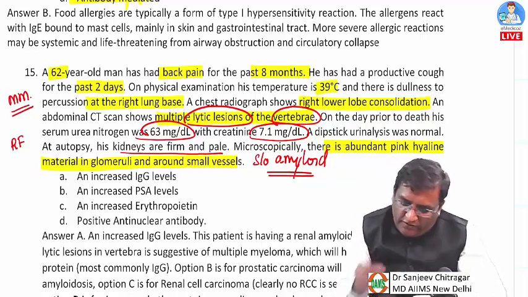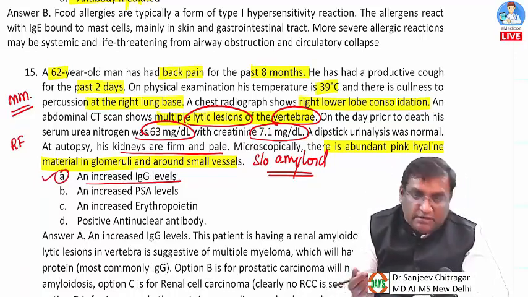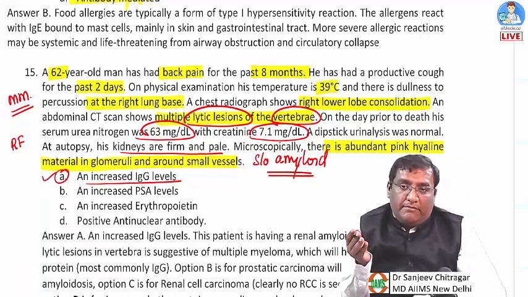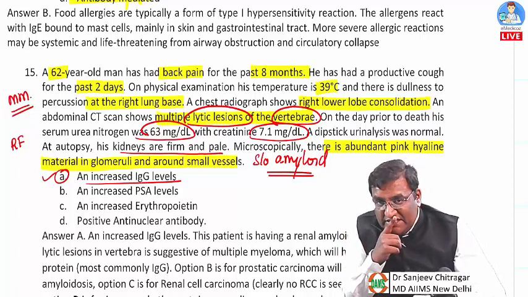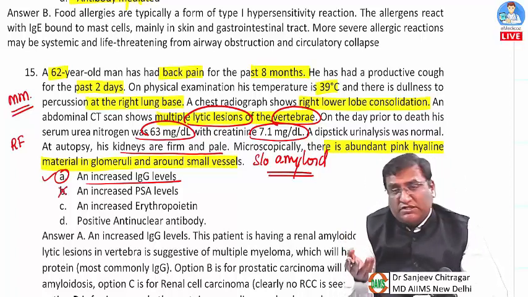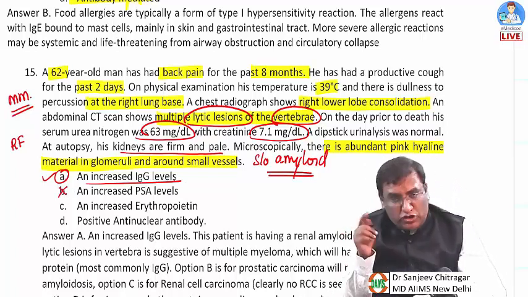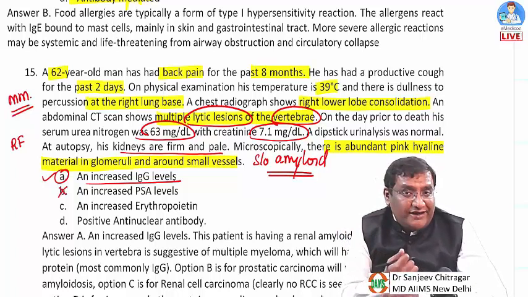So what will be found? Increase in immunoglobulin levels is the correct answer, because there will be hypergammaglobulinemia. There will be a monoclonal gammopathy, and the most common M protein is IgG. Increase in PSA level will be seen in either prostatitis or a prostatic carcinoma, which can also cause lytic lesions, but there should have been a history of urinary retention.